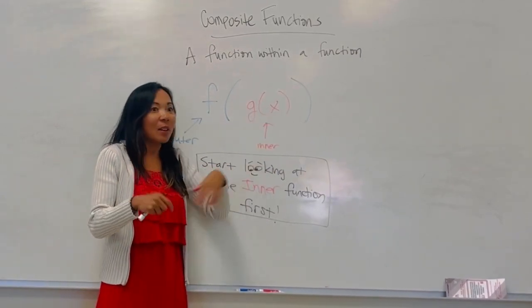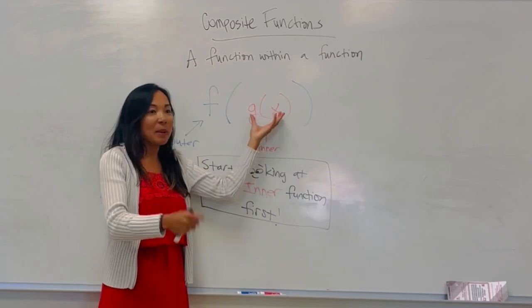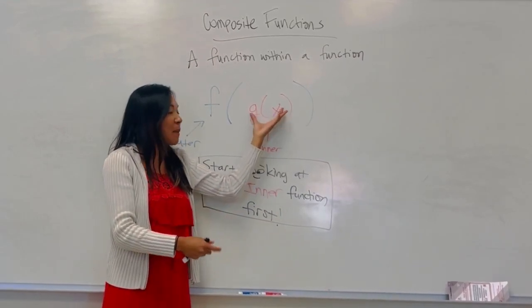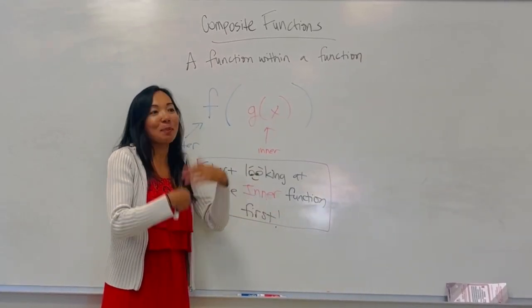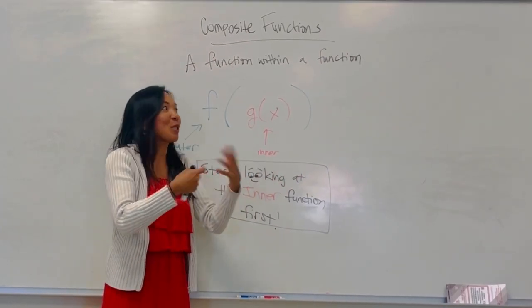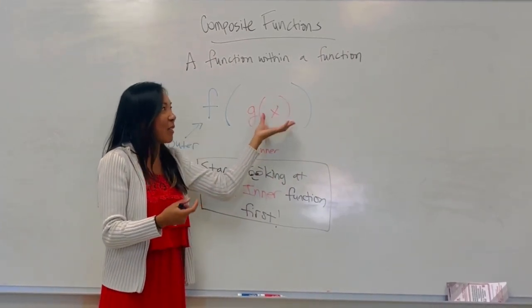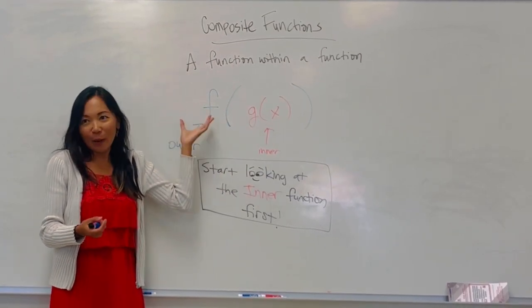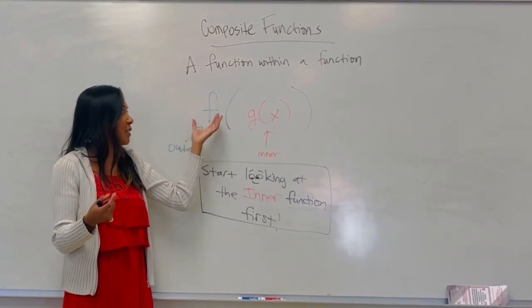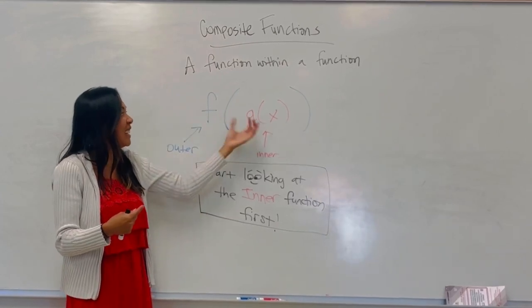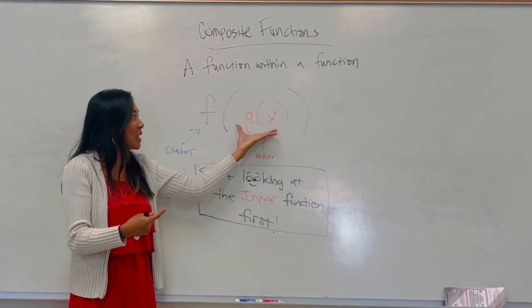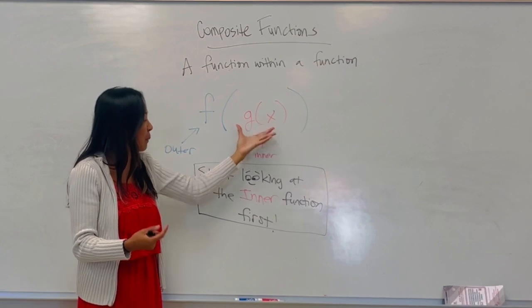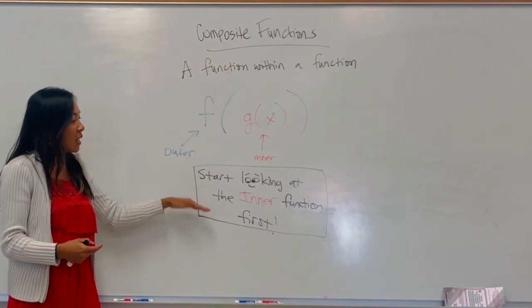They feed the baby, and the baby ends up pooping it out or spitting it out. Whatever it outputs, whatever it just ate, gets given to the mom. The mom always gets the leftovers. The mom then gets to eat whatever is given to her. So start looking at the inner function first.